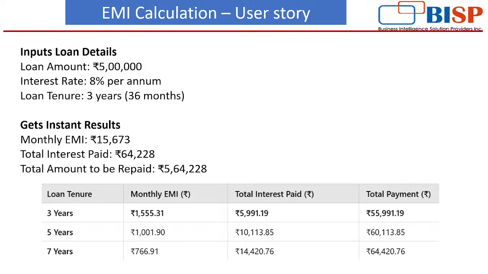And if we go for 7 years, EMI is lowest, but the interest amount to be paid is highest. So after analyzing, Jack chooses the 3-year tenure because he would save around 4,000, compared to the 5-year option as well as the 7-year option.